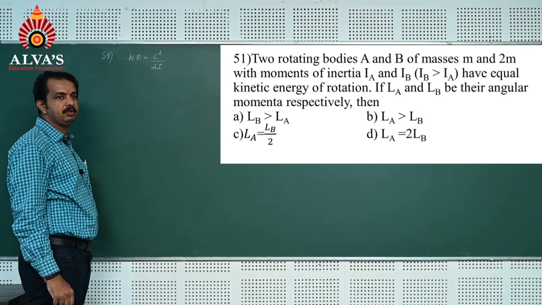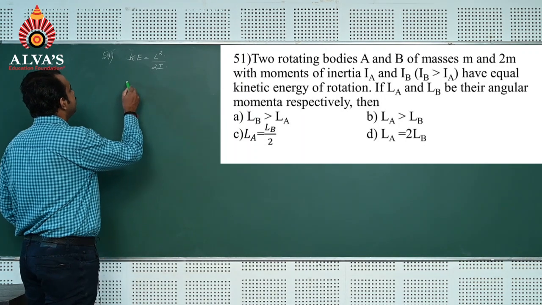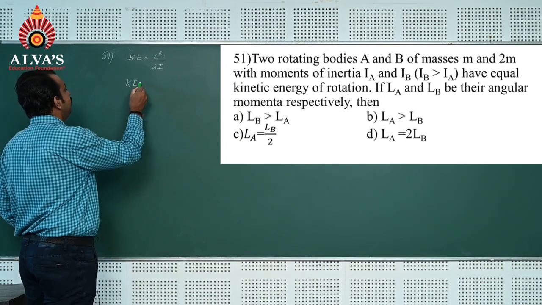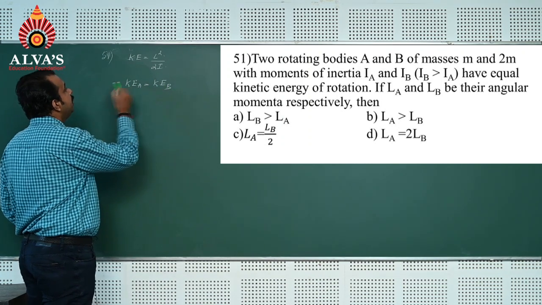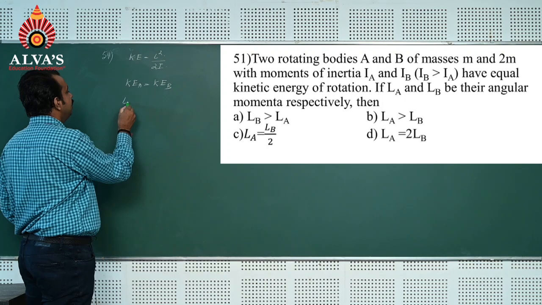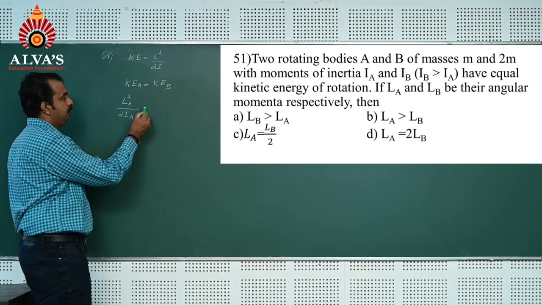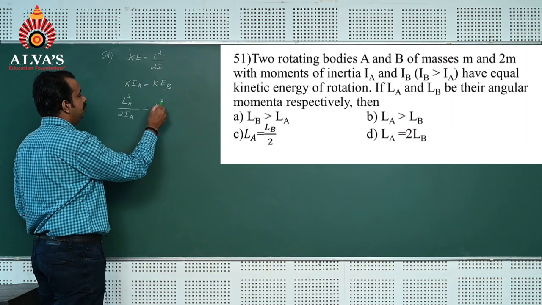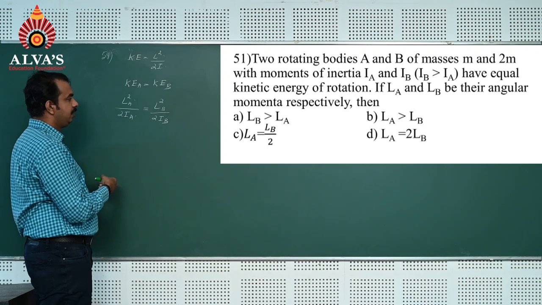As given in the question, both the bodies A and B have equal kinetic energy. That is, kinetic energy of body A is equal to kinetic energy of body B. Kinetic energy of body A can be written as LA square divided by 2IA, which is equal to LB square divided by 2IB. 2 is common, gets cancelled.